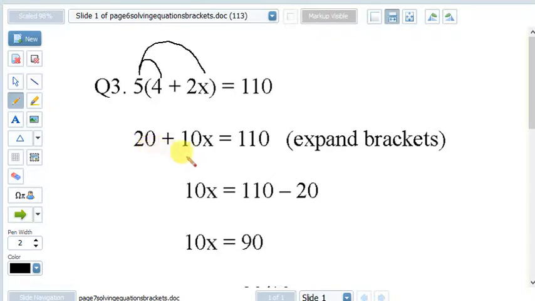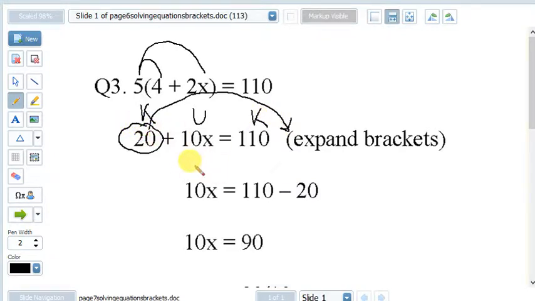So now this one here, it's not 10x plus 20, it's 20 plus 10x. So this is where you've got to be a little bit more careful. So that's your known, and that's your unknown, and that's your known there. So what you need to do is to bring over the 20 with the sign in front to the other side here.